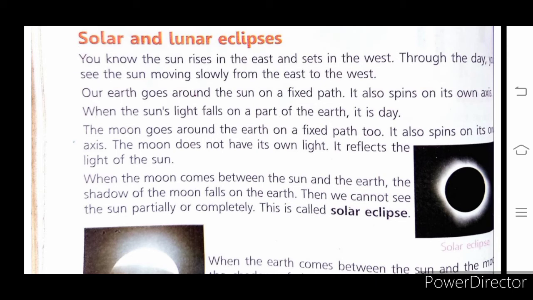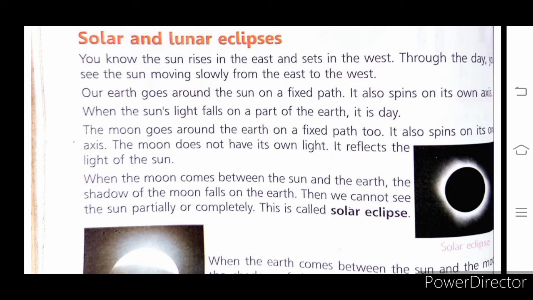It is the earth that goes around the sun on a fixed path. It also moves around its own axis, and it also moves around the sun.